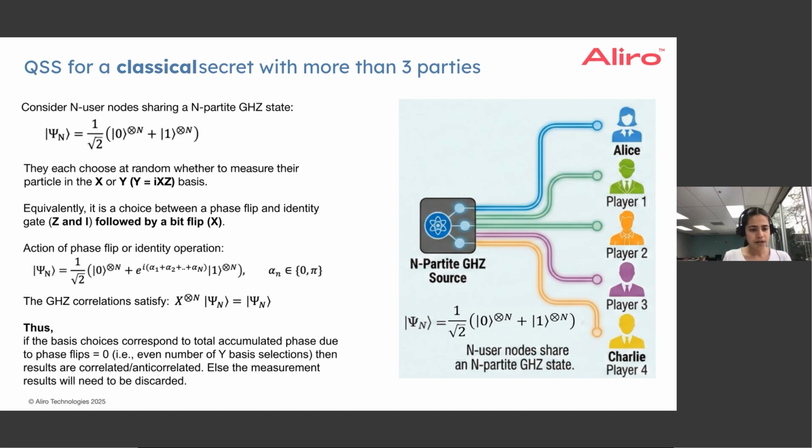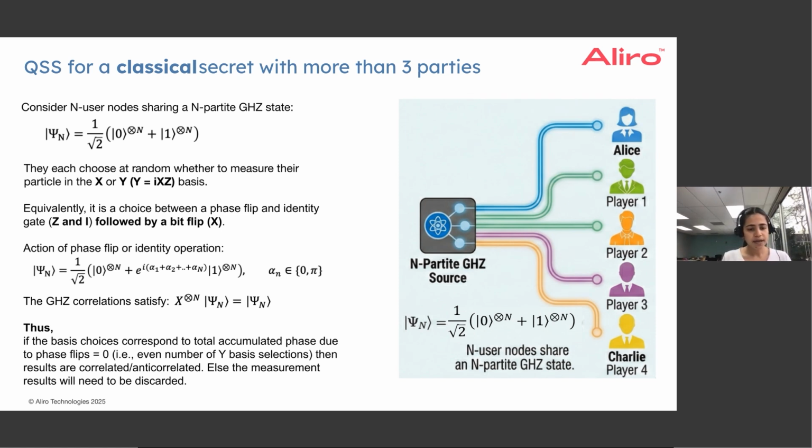However, if there is an odd number of phase flip operations applied, then that particular round is termed unsuccessful, because you're not recreating the same exact state that you started out with.